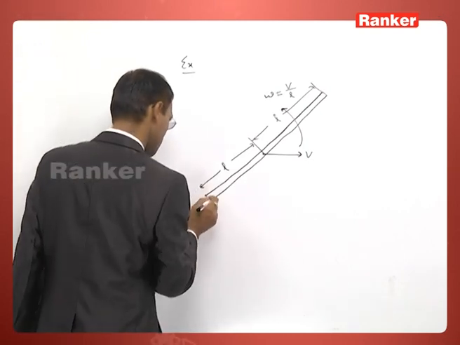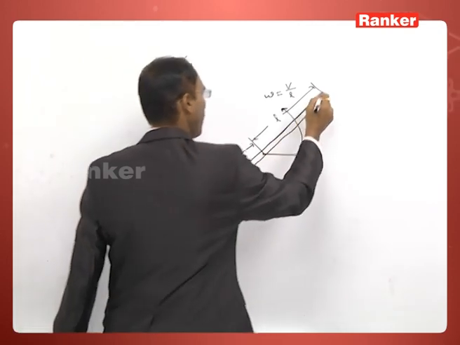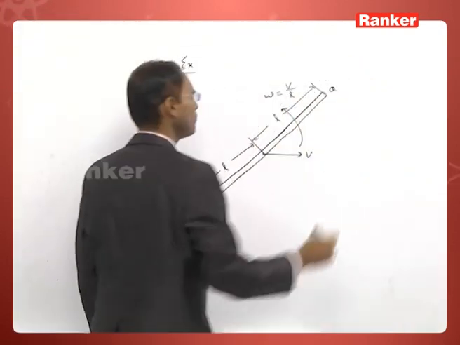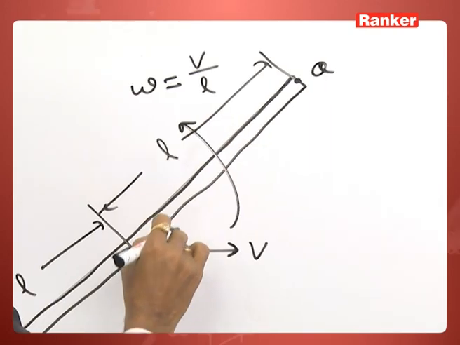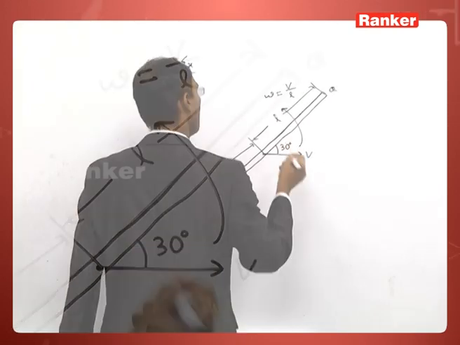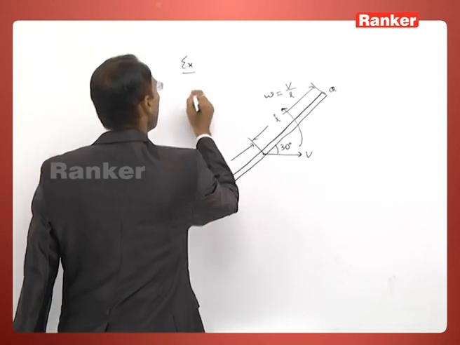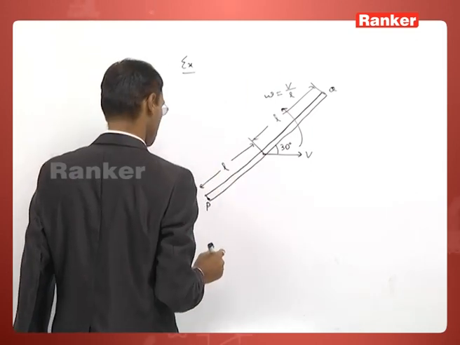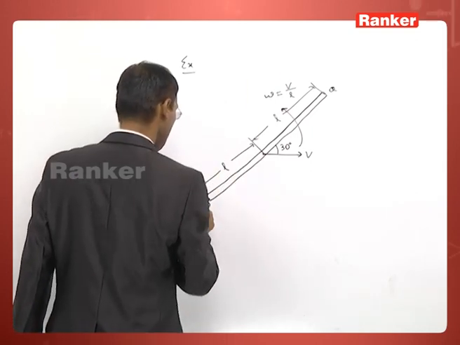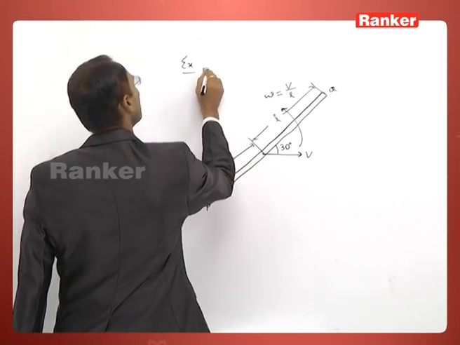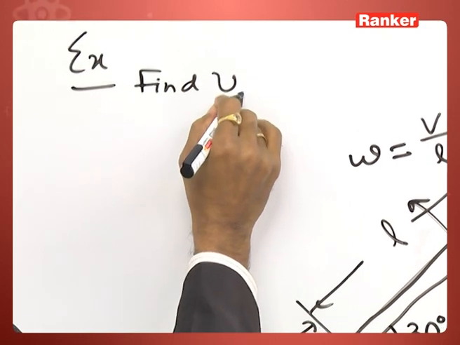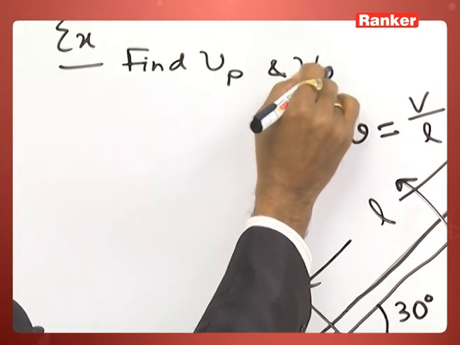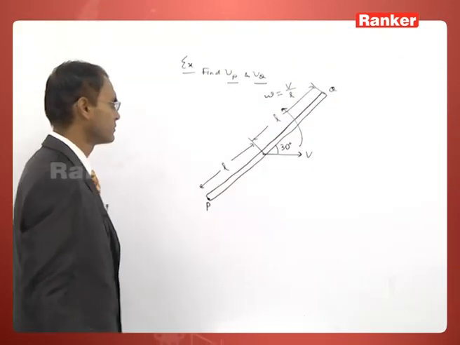We have 2 points, end points, P and Q. And this angle is given as, say, 30 degree or 60 degree. By using the concept of relative motion, find velocity of the point P and velocity of the point Q, both magnitude and direction.